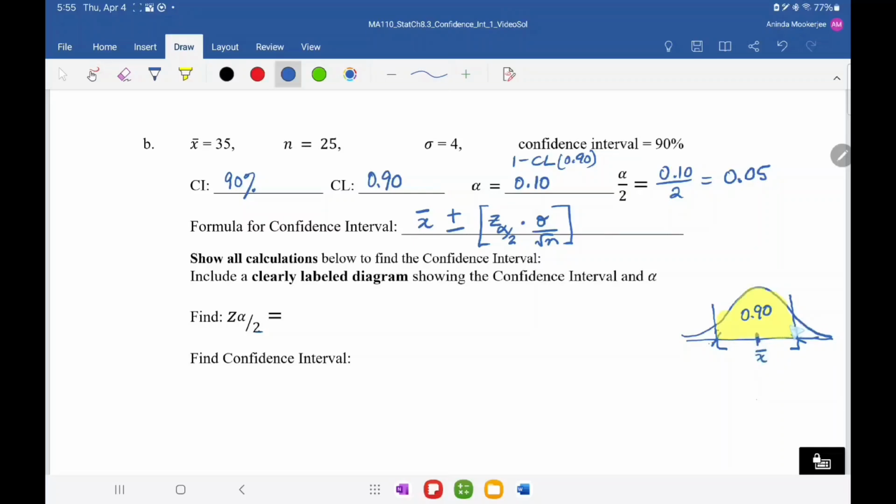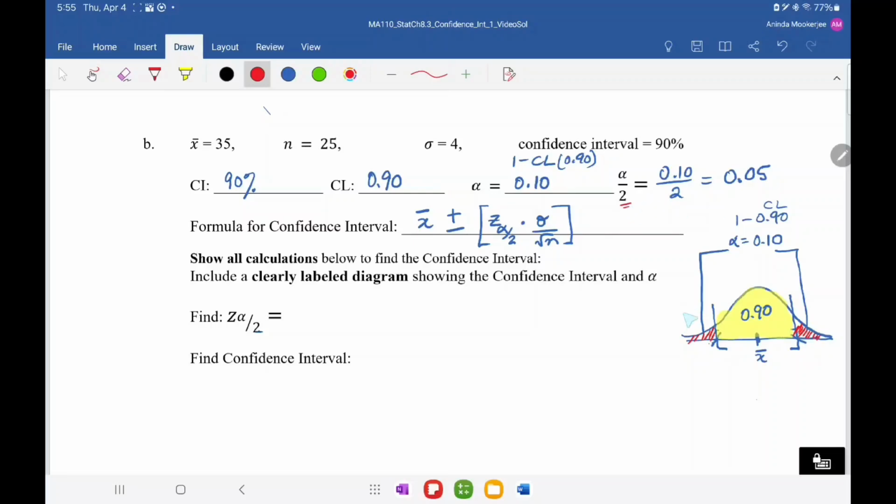Now we have two outside, unbounded areas, which represent our alpha. That's alpha, which is 0.10. How did we get that? By doing 1 minus 0.9, right? 1 minus CL. So alpha is the total unbounded area on both sides. But we need to know the area on each side, and that's alpha by 2.